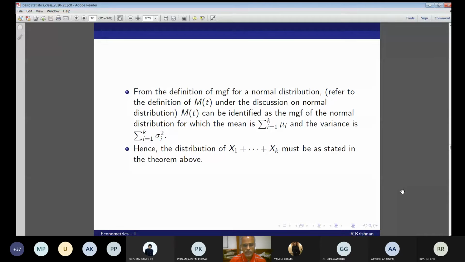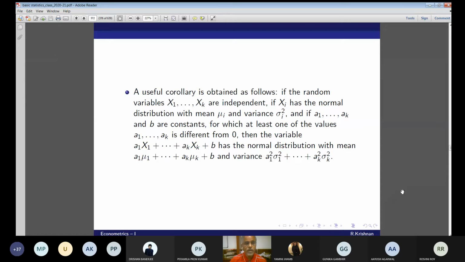So from the definition of MGF for a normal random variable, M(t) can be identified as the MGF, and hence the distribution of x1 plus ... plus xk must be as stated in the theorem above.